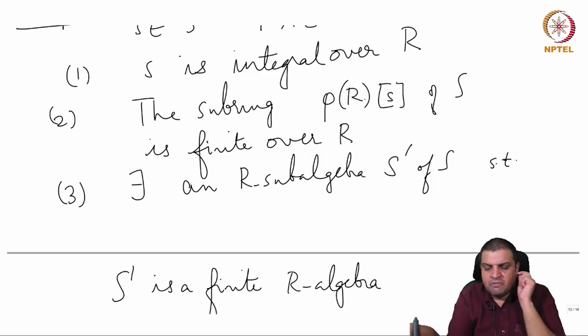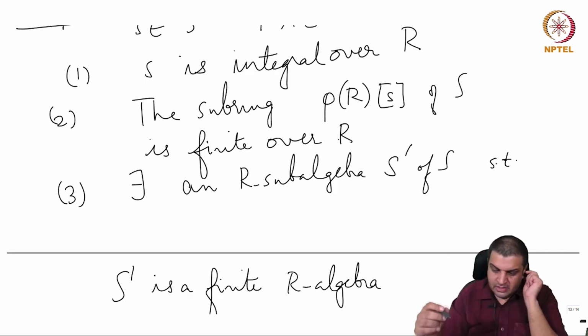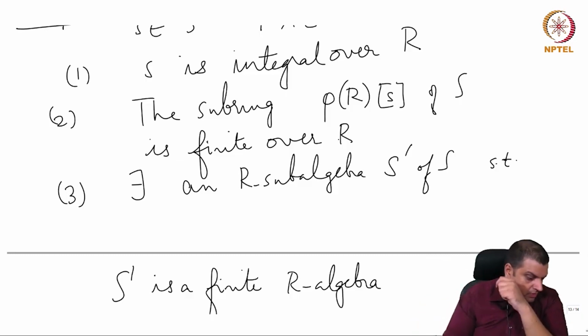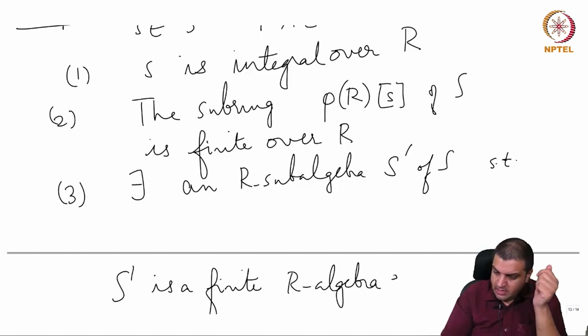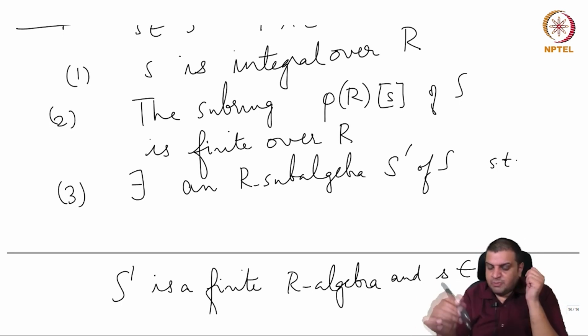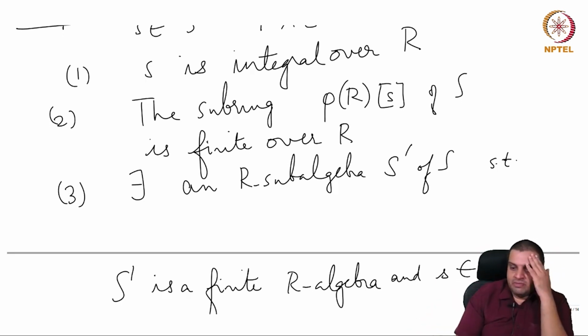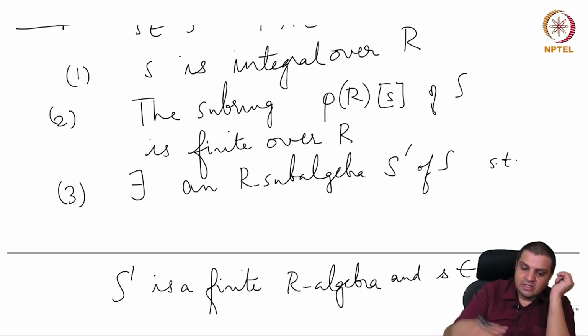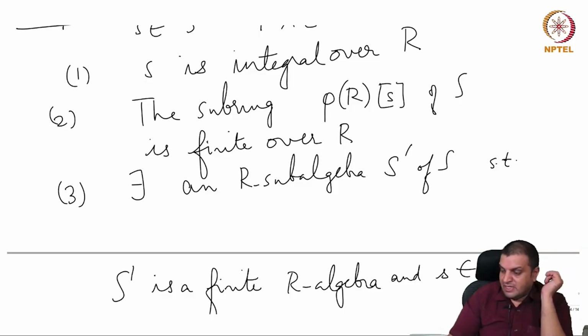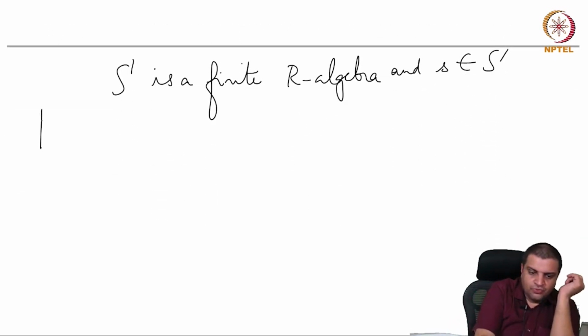So phi of R, this subring is finite over R. And one more statement, that little s is inside S prime. That is, S prime is contained inside some finite subalgebra, not necessarily just that. Okay, so those 3 statements, and the claim is that these are equivalent. Proof.